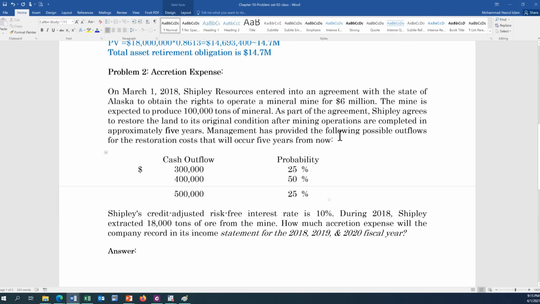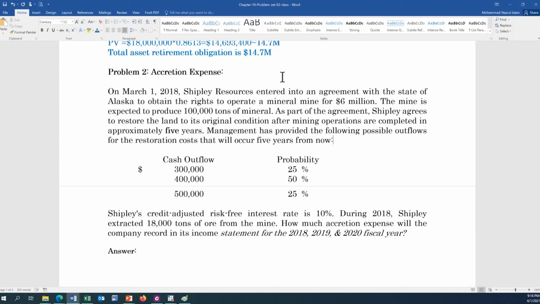This one is a long one. On March 1, 2018, Shipley Resources entered into an agreement with the state of Alaska to obtain the rights to operate a mineral mine for $6 million. The mine is expected to produce 100,000 tons of mineral.